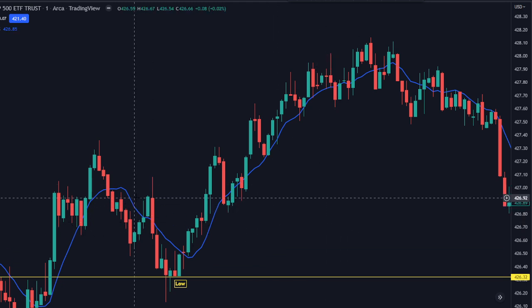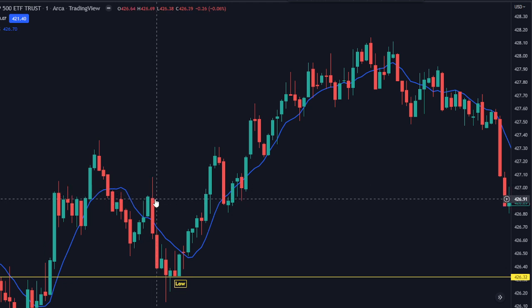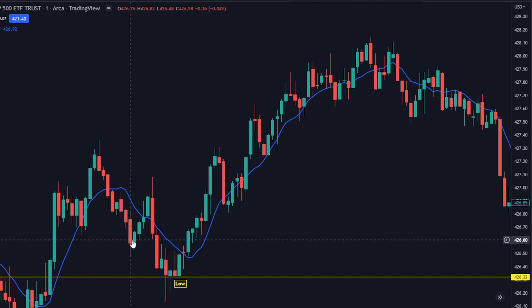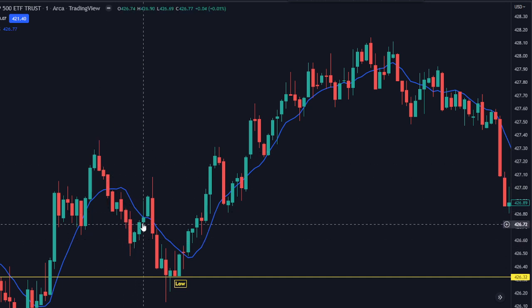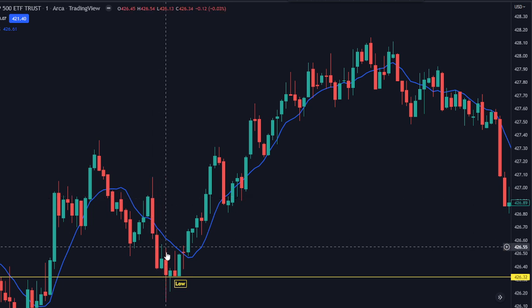Now when you hit a swing right here, there are technically four things that can happen. So we came down, we set a lower low, we set a lower high. If we are trending, you expect a lower low.